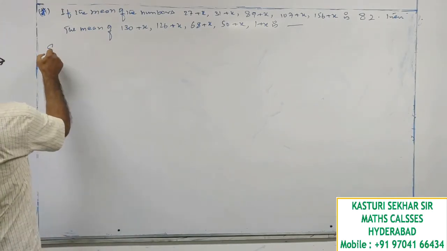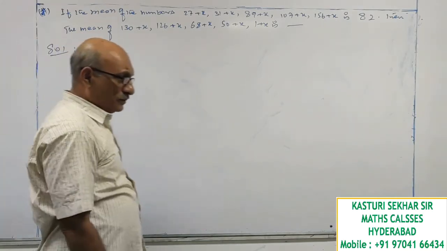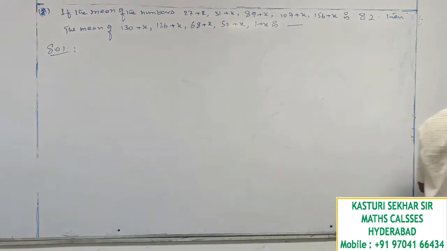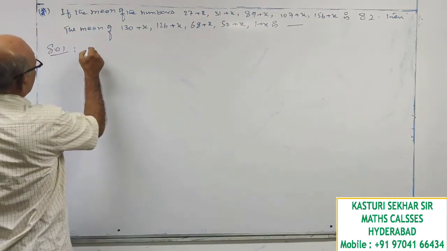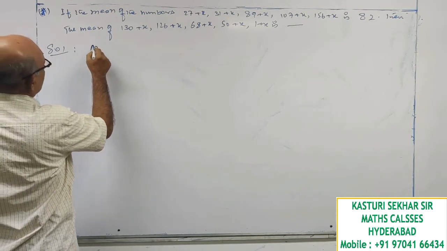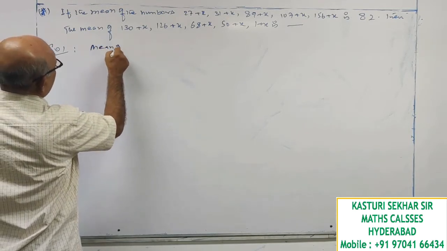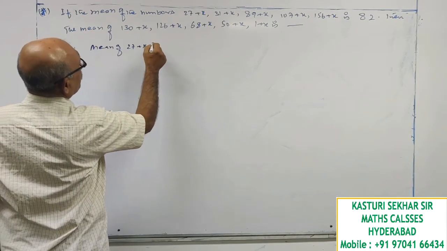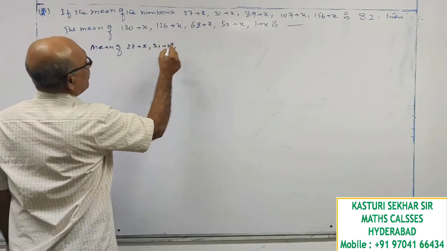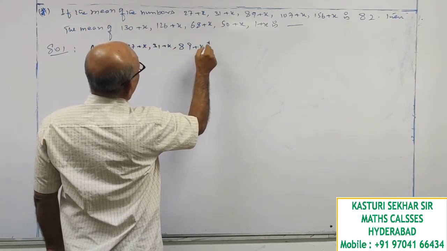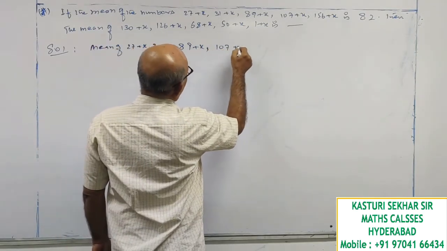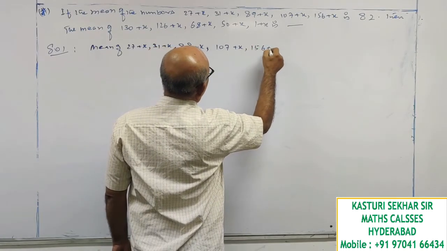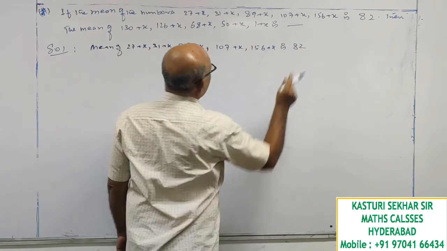Now see the solution once again. Very simple question. The mean of 27 plus x, 31 plus x, 89 plus x, 107 plus x, 156 plus x is 82, as given in the question.